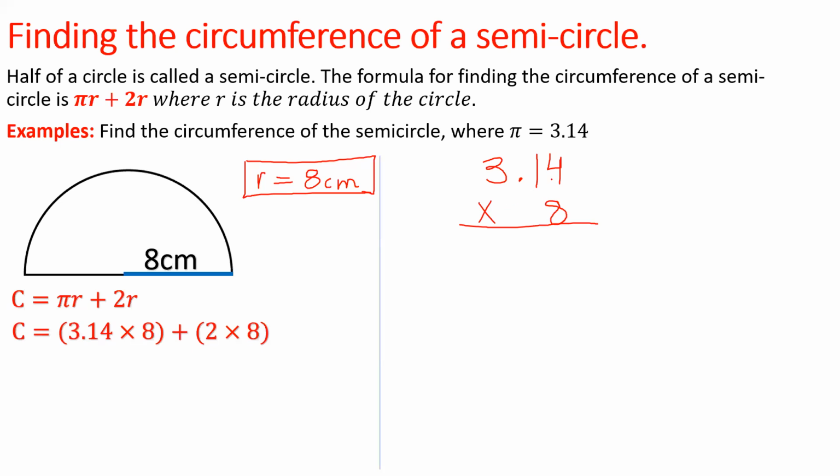What is 8 times 4? 32. Put the 2 down, carry the 3. 8 times 1 is 8, plus 3 is 11. Put the 1 down, put the 1 above. 8 times 3 is 24 plus 1, 25. So it's going to be 25 point what? 25.12.